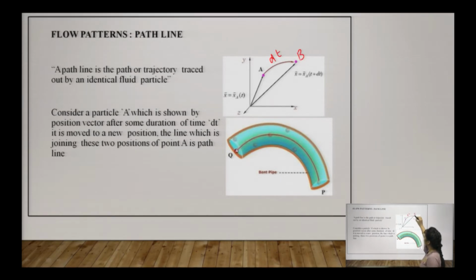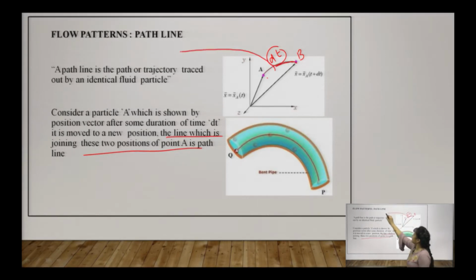Let us suppose this is point B. Then the line joining these two positions is known as the path line.